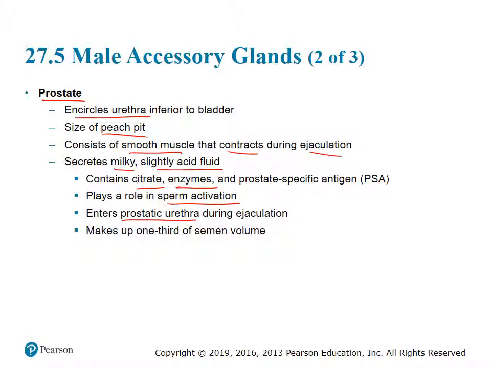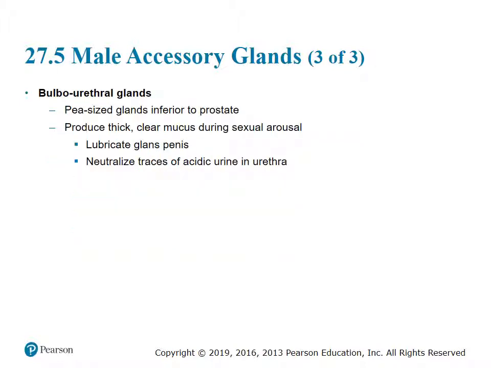And again, it enters the prostatic urethra during ejaculation, and then a third of the semen volume is from the prostate, right? So a vast majority is the seminal gland, or seminal vesicle, and the seminal fluid, and then we've got prostatic fluid there. And lastly, we have the bulbourethral gland.